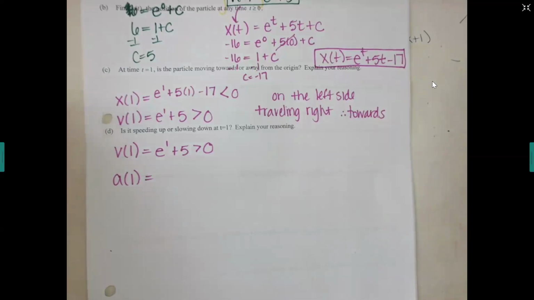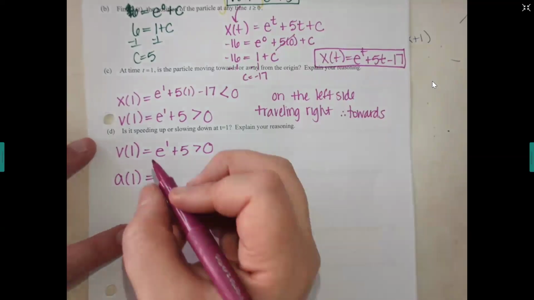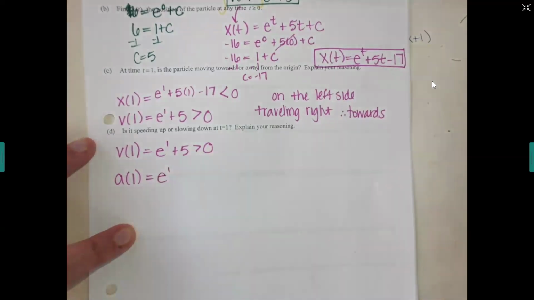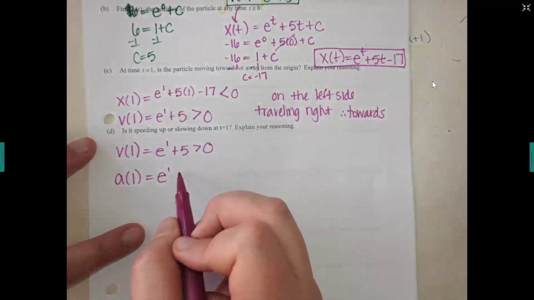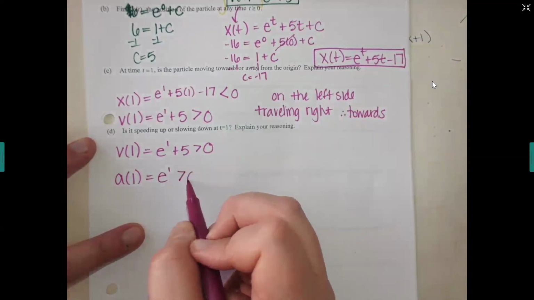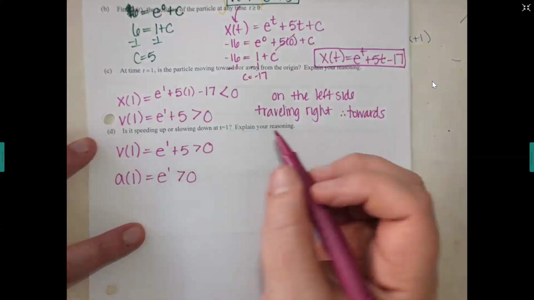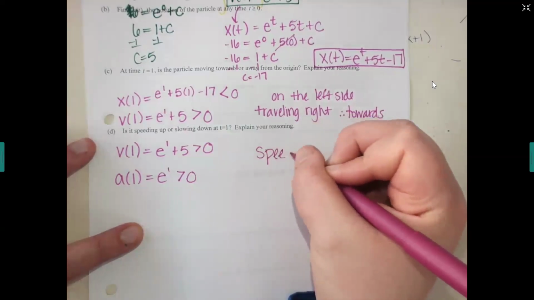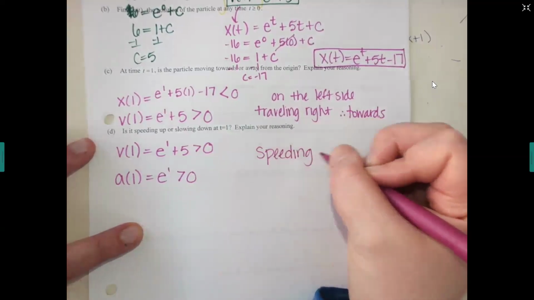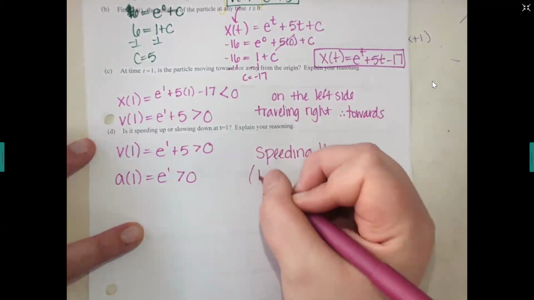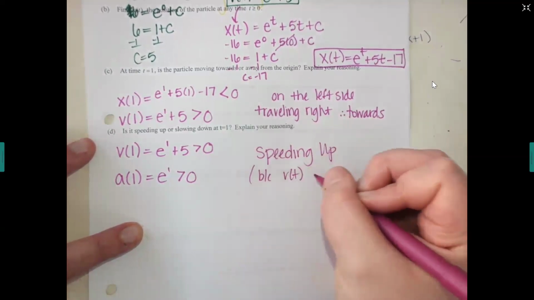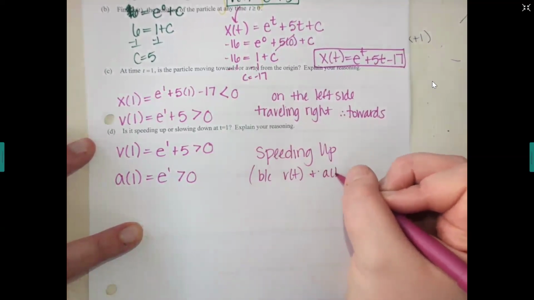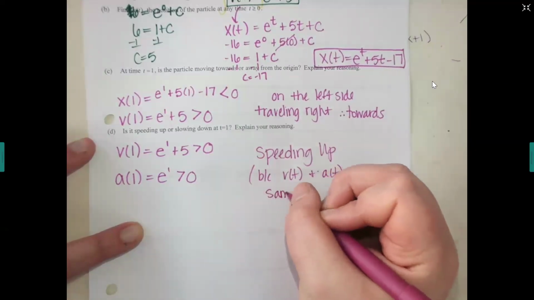It was just an e to the t by itself. So it'd be e to the 1. Is that positive or negative? Positive, which means they're both positive. So is it speeding up or slowing down? Speeding up. And then I'll put because v of t and a of t, same sign.